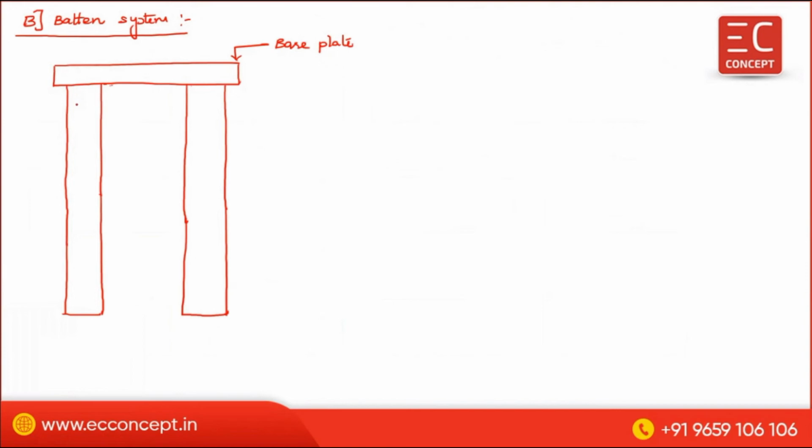Now, this is the batten. Batten is a straight horizontal member. Lacing is an inclined member. That is the difference.